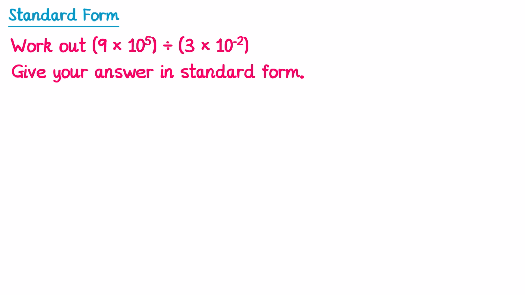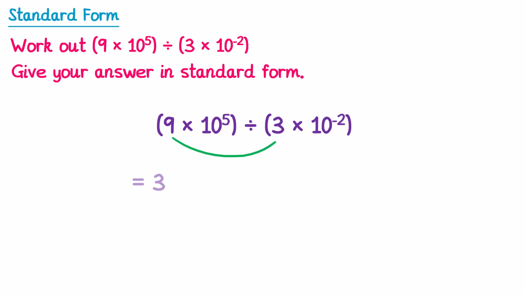Let's try another one. So this time 9 times 10 to the power 5 divided by 3 times 10 to the power negative 2. Let's use the same strategy. So 9 divided by 3, which is 3. And then 10 to the 5 divided by 10 to the power negative 2. So here we need to subtract the indices, but you have to be careful with negative numbers. We need to do 5 subtract negative 2.